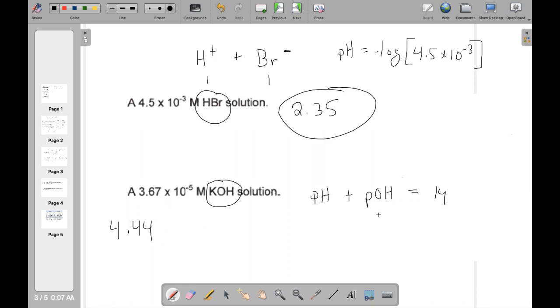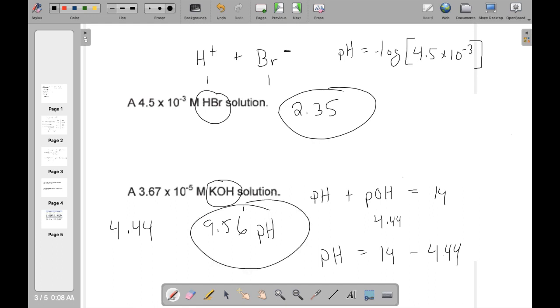So this is pOH. So pH equals 14 minus 4.44, which is going to give me about 9.56 as a pH value.